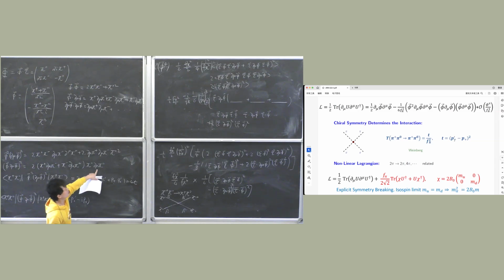And this one also has two possibilities. One is pi 0 contracting with the incoming, and another is contracting with the outgoing. And also we have the i p0 prime minus i p0.